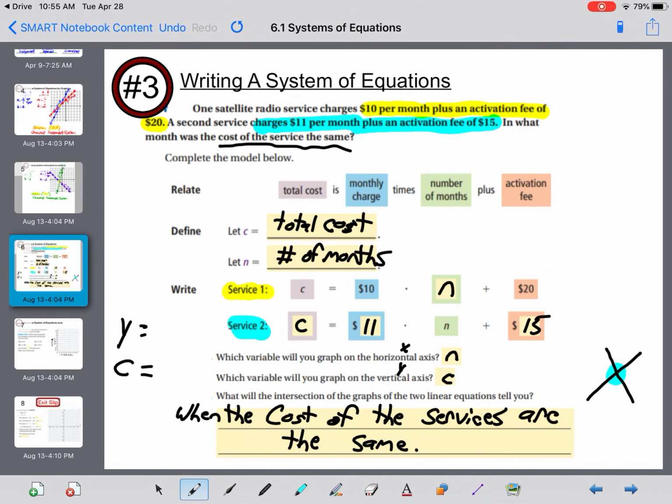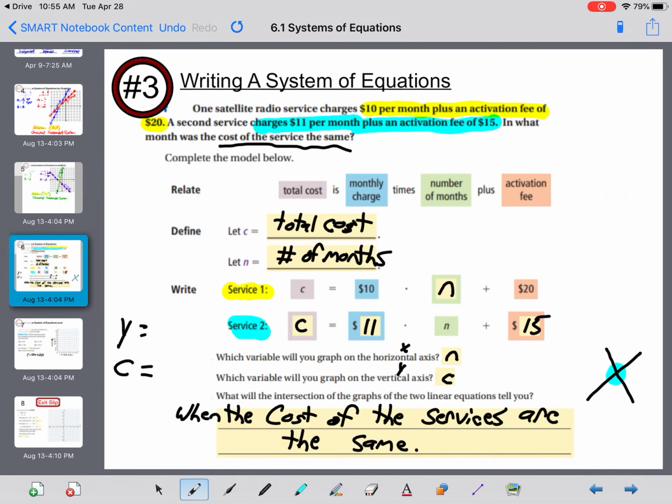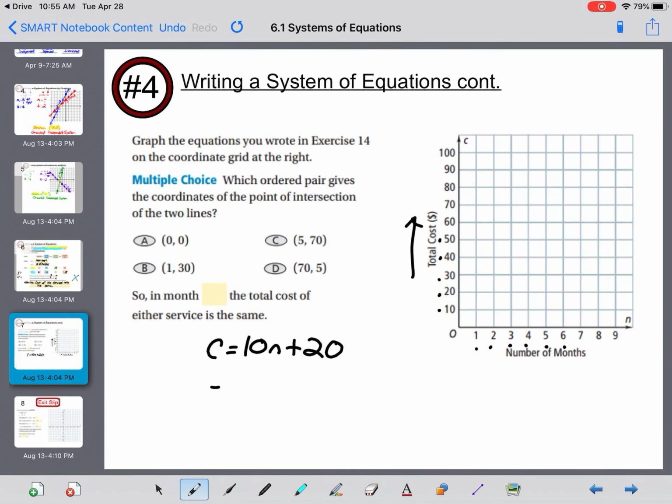So let me bring the two equations over. C equals 10n plus 20. And our second equation is C equals 11n plus 15.